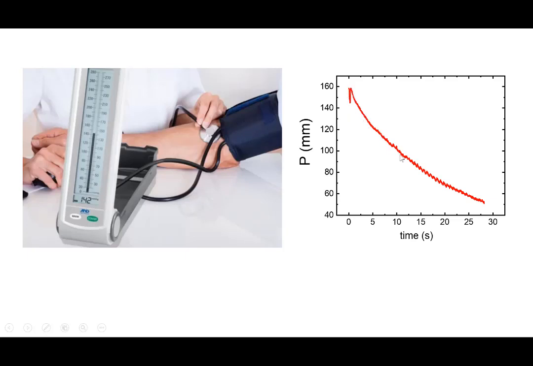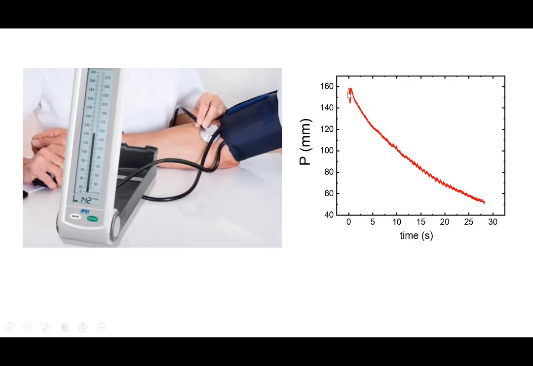So this is pressure as a function of time. Pressure is being measured in millimeters of mercury, and the pressure data is collected by a sensor. The sensor collects the data and converts it into an electrical signal, and this electrical signal we have converted back into a pressure. This is the raw data collected by the pressure sensor.